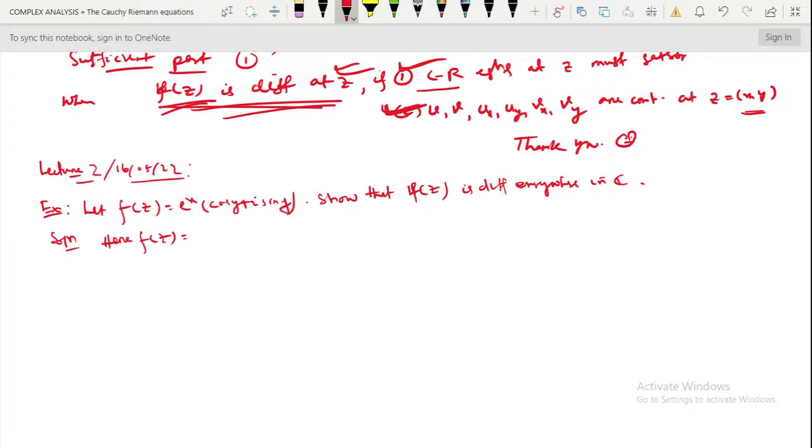Here f of z is equal to e to the power x whole into cos y plus i sin y.